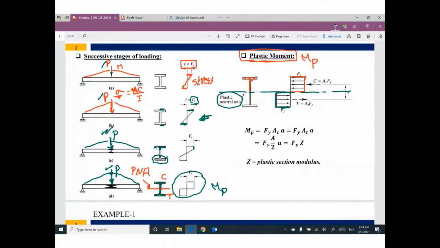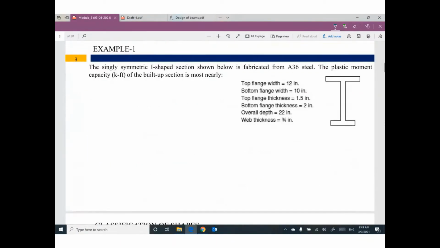We have an example here. This example is one problem from a professional engineer exam. We have a singly symmetric I-shaped section. Singly symmetric means symmetric about one axis; the other axis is not symmetric. It is made from steel A36.